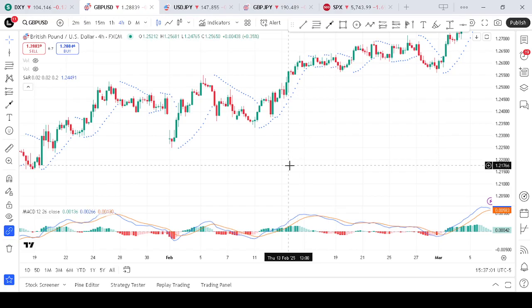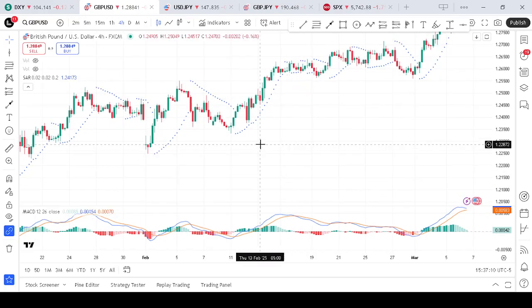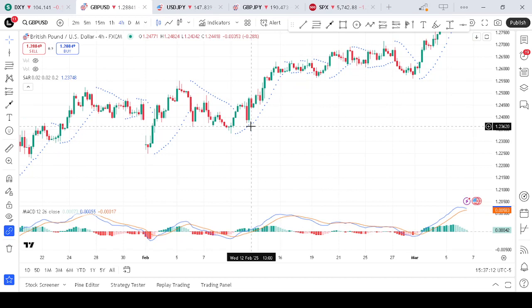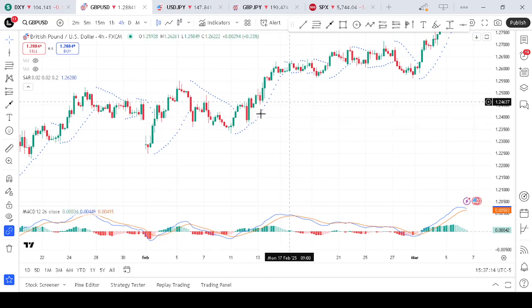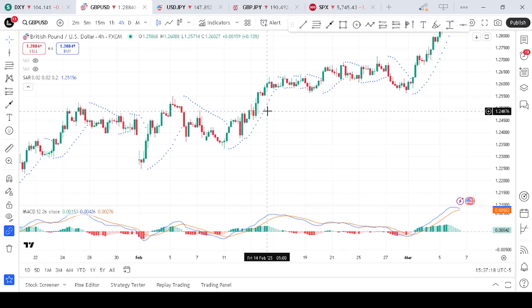Now let's look at the strategy rules. For a long setup, for a buying opportunity, you need three key confirmations. First of all, confirm that the Parabolic SAR dot appears below the price. As we can see here, it is below the price, while the MACD line crosses above the signal line.